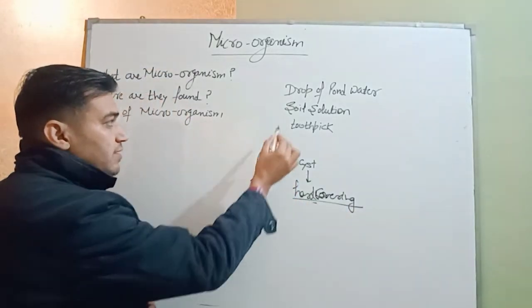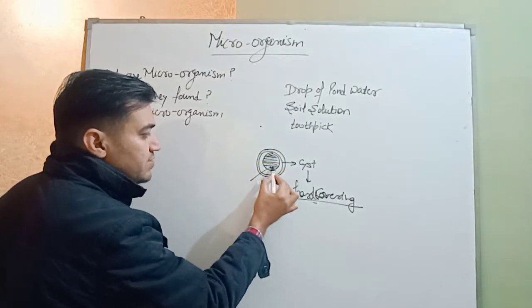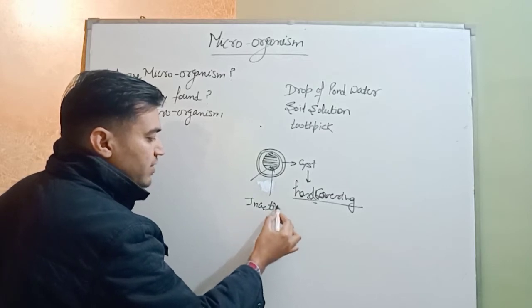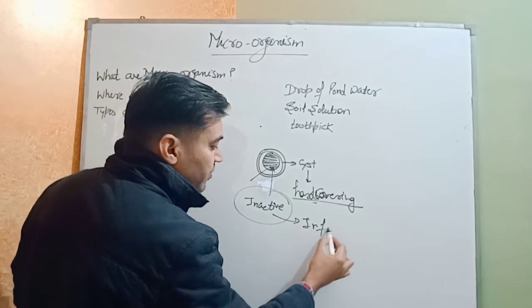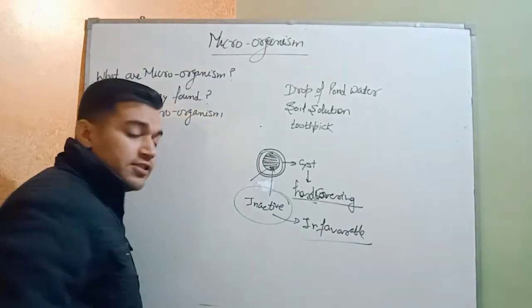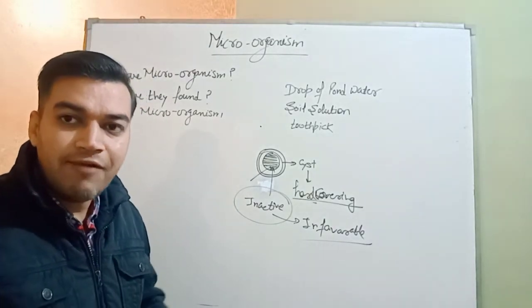This is the microorganism. It remains inactive when unfavorable conditions occur. What are unfavorable conditions? Icebergs, desert areas, high temperature, high pressure, unavailability of food.